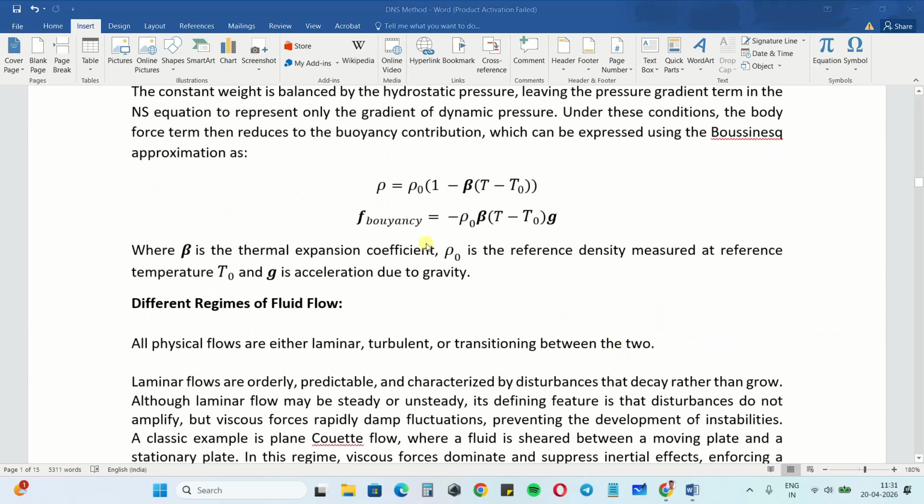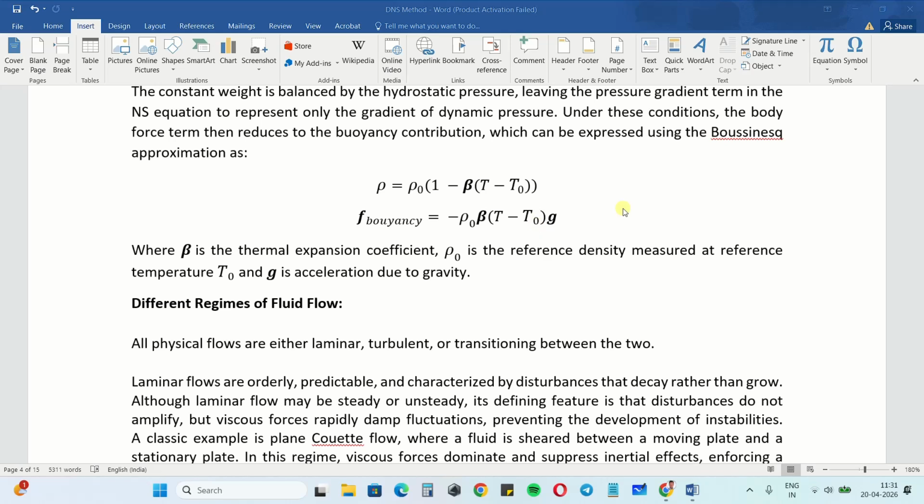According to that, you consider density to be a function of temperature, and if you calculate the body force term with this modified density, then you have a rho 0 g term, which is the weight of the fluid. Then you have an additional term which accounts for the variation in density due to temperature change, and that additional term is the buoyancy term, which is written below.